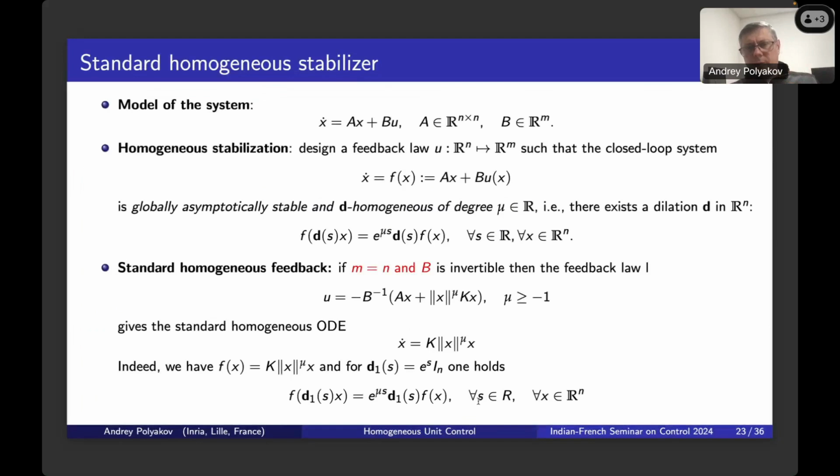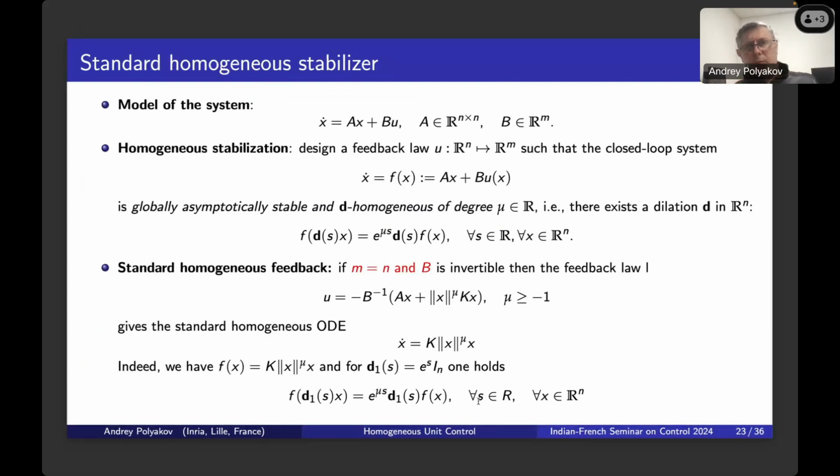I would like to explain the basic idea based on stabilization of a very simple linear system. And next we will adapt all these ideas very quickly to homogeneous unit sliding mode control design.